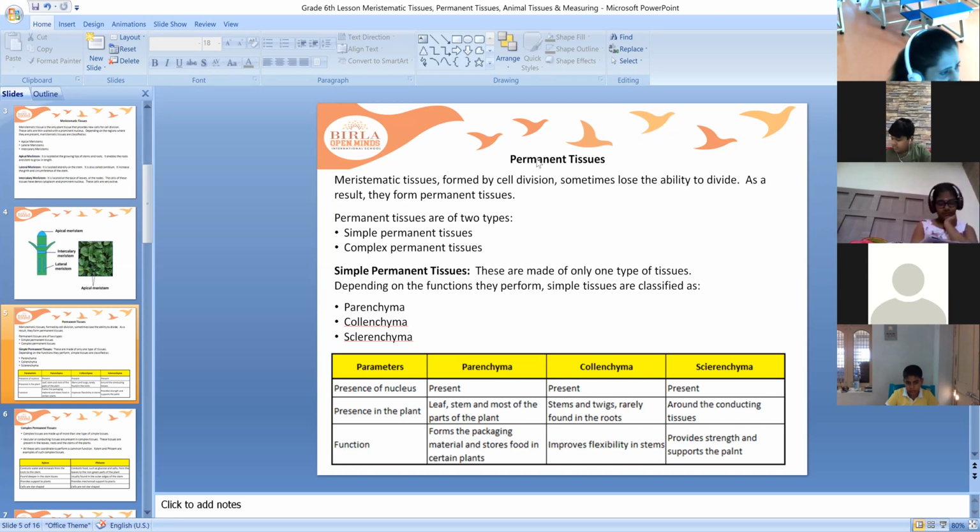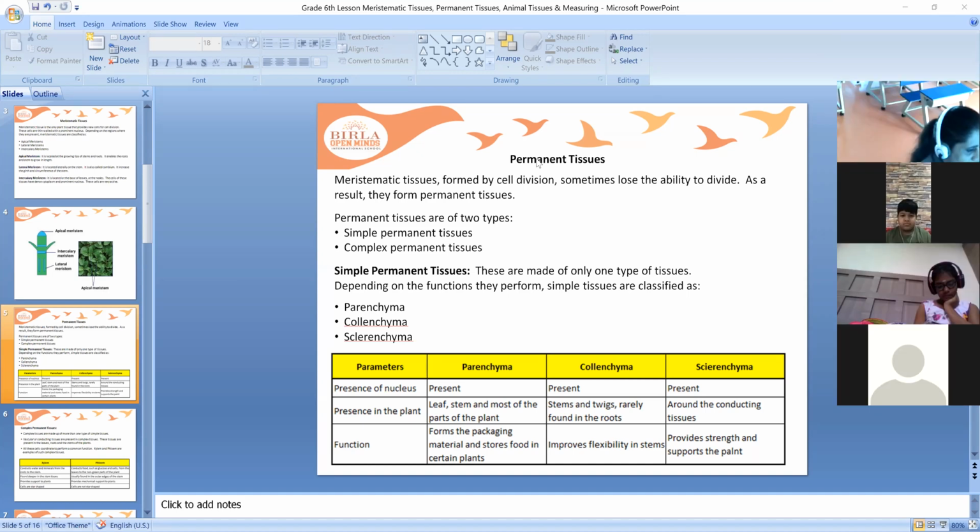If it is asked which type of tissue is made up of only one type of cells, it is simple permanent tissue, but depending on the function they are divided into three types: parenchyma, collenchyma, and sclerenchyma. This is really important. You have to read the differences between parenchyma, collenchyma, and sclerenchyma.